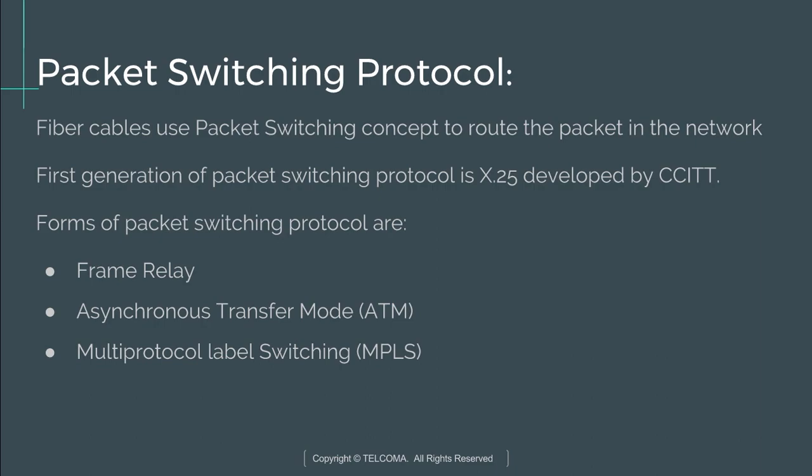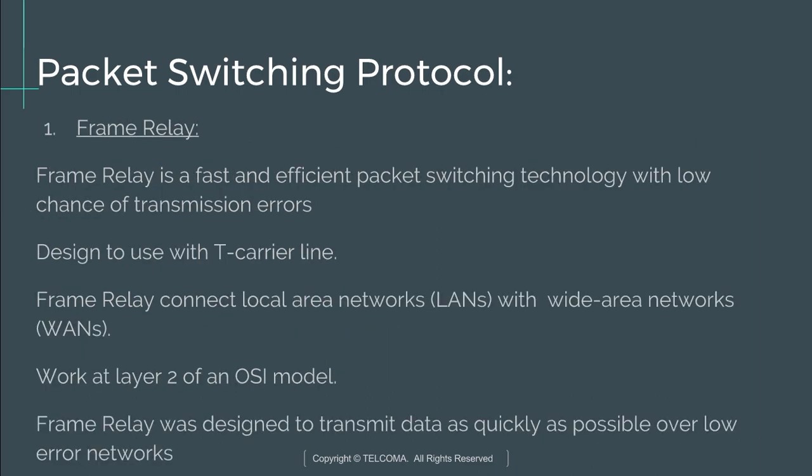So let's first discuss frame relay. Frame relay is a fast and efficient packet switching technology with a low chance of transmission error. It transmits the data fast. It is designed to be used with T carrier lines and was used to connect LAN and WAN networks. It works over layer 2 of the OSI model, that is the data link layer.